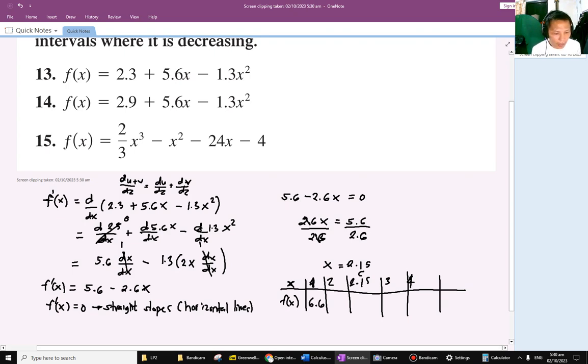Anyway, I have here a table function. It looks like this, and then I will just put that equation: 5.6x, and then you have 1.3x squared. See, I inputted it like that, and then I'll start from 1 to 4, and then the step is 0.15.